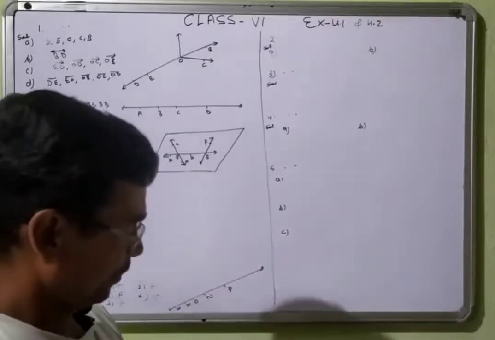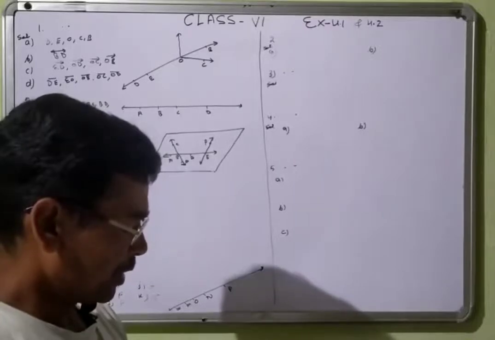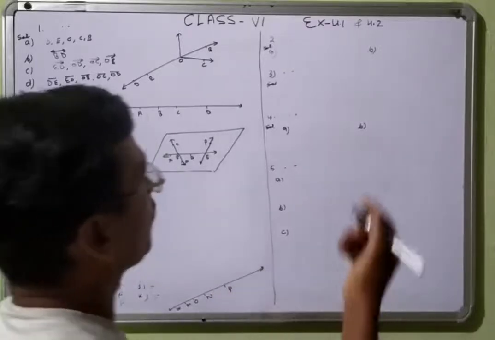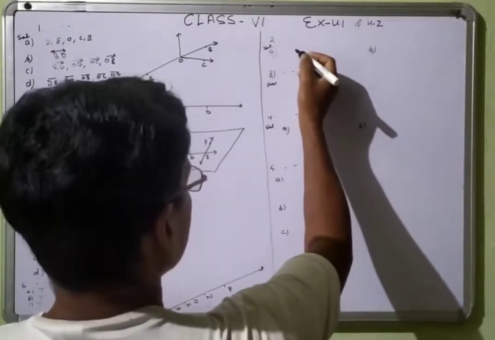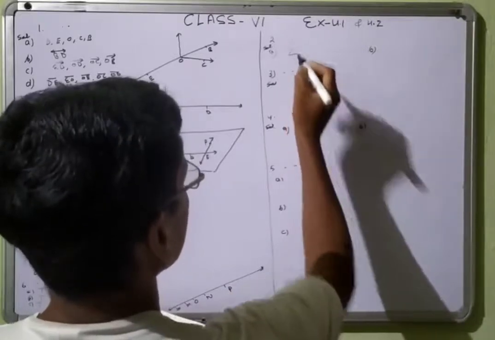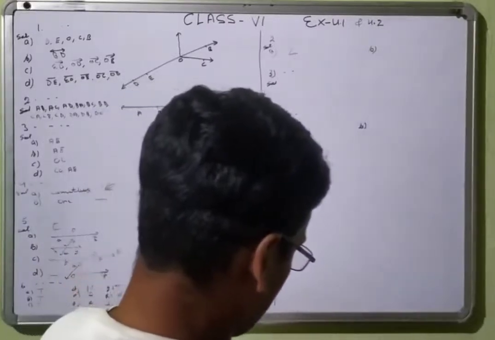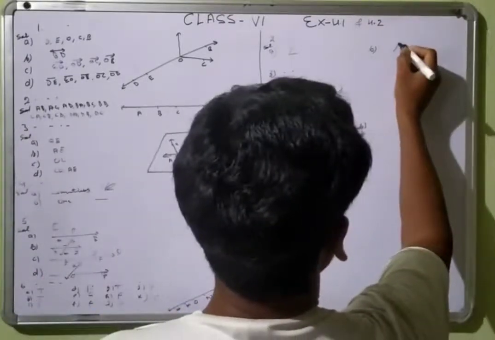Second question: draw a rough diagram to illustrate the following. Open curve. You can write anything like this, W, Z, anything. From the first question you can see Z, you can write. And then closed curve, that D part you can write.